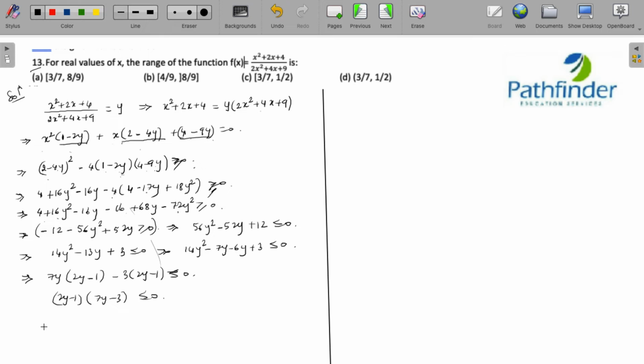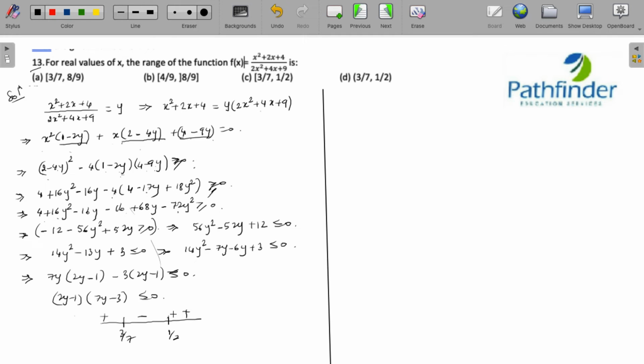Now the critical points here are 1 by 2 and 3 by 7. If you plot the critical points, this is 3 by 7, this is 1 by 2, plus, minus and plus. So for less than or equal to 0, you should have the range between 3 by 7 and 1 by 2.